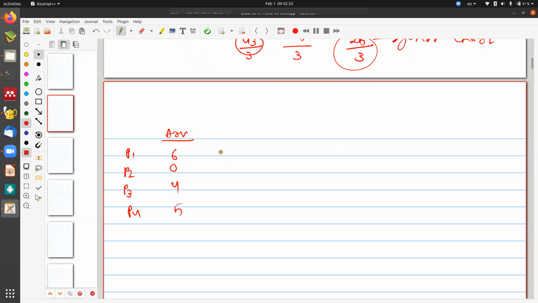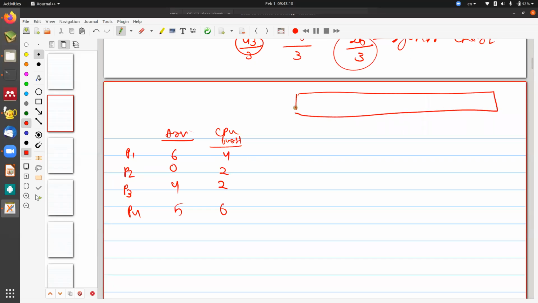And CPU burst times are 4, 2, 2, and 6. Can you please prepare a Gantt chart for this with FCFS?